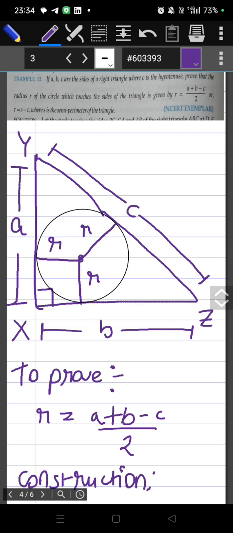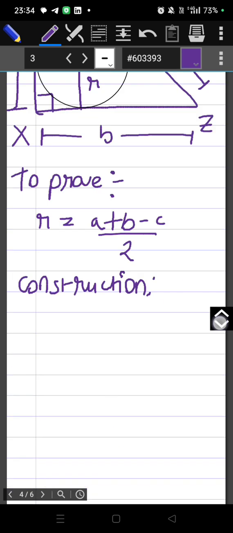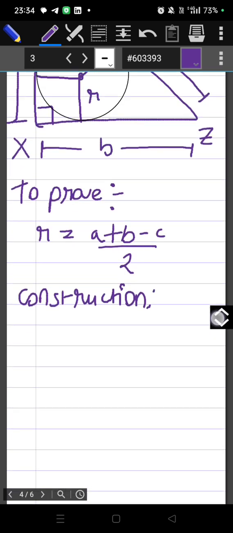As you can see, the triangle sides are tangents to the circle. Okay, so let us move forward. What construction did we do?